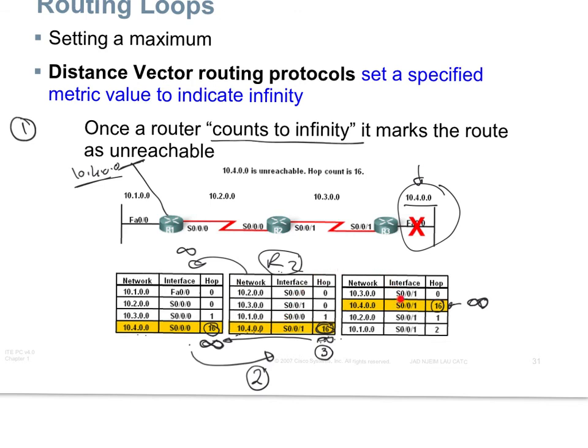Router 3 will say, okay, I have infinity for 10.4.0.0, and router 2 is telling me that it's 3, right? So this means I can reach 10.4.0.0 through router 2 with a metric of 4.